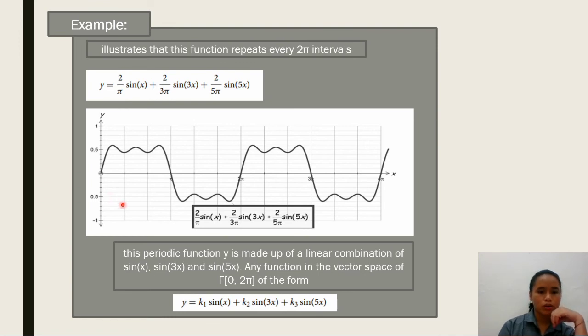This periodic function y is made up of a linear combination of sin x, sin 3x, sin 5x, any function in the vector space of the form.